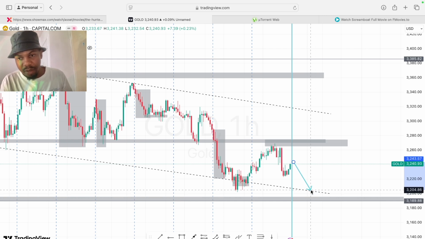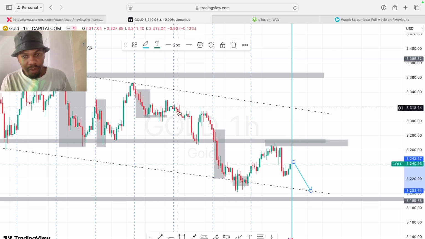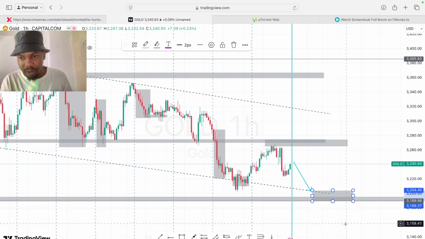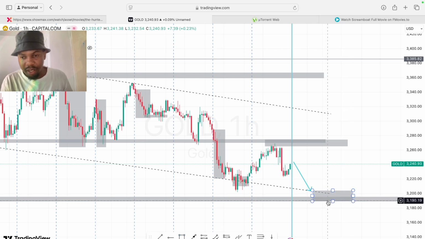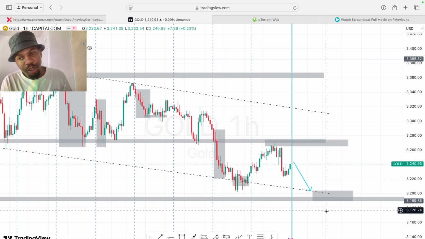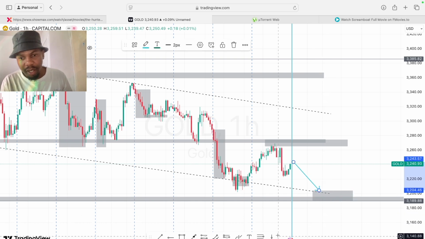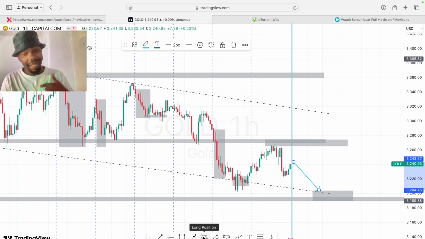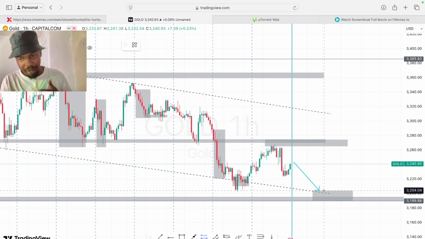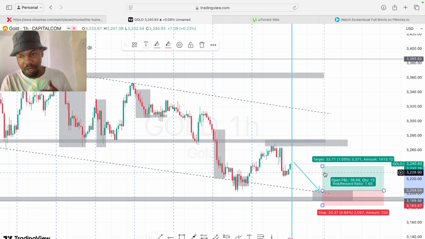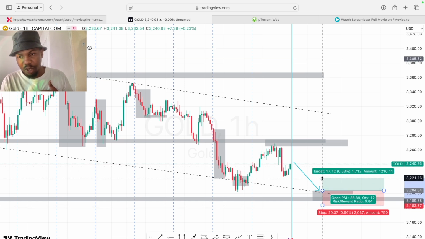So basically, I'm just going to mark it as a zone from here to there. So it's trend line plus support. So if we can't close below here and the price comes down here, then I'm going to look for buying opportunities down there. SL below, maybe go for 1-to-1.